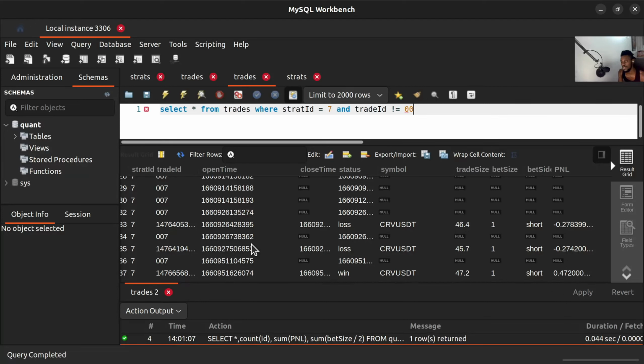So that will get me out all this excess data that we were pulling in.